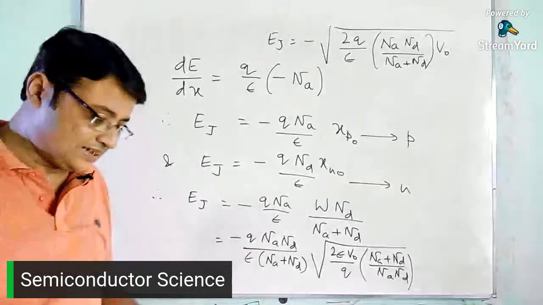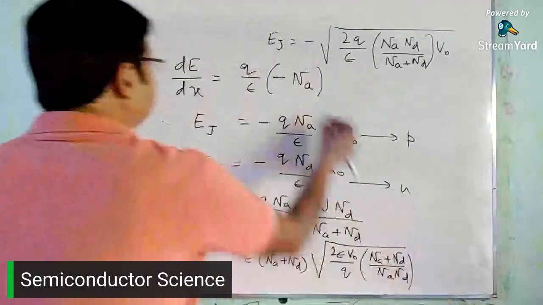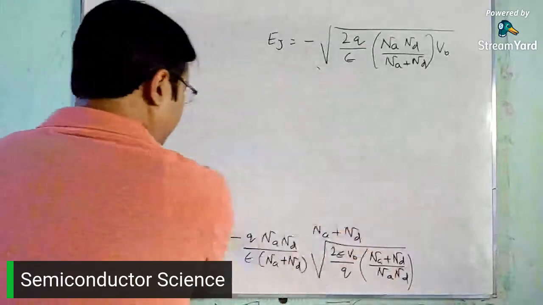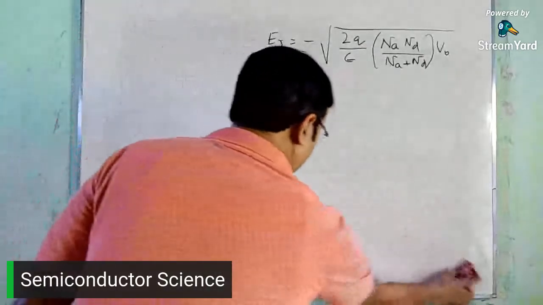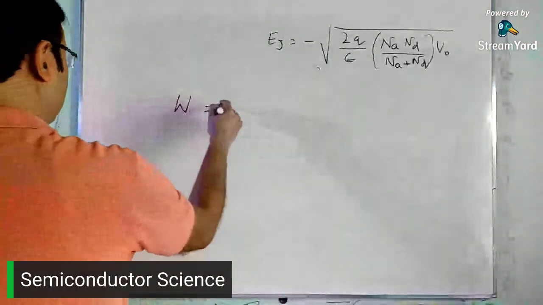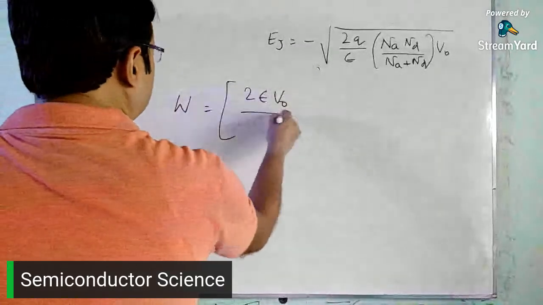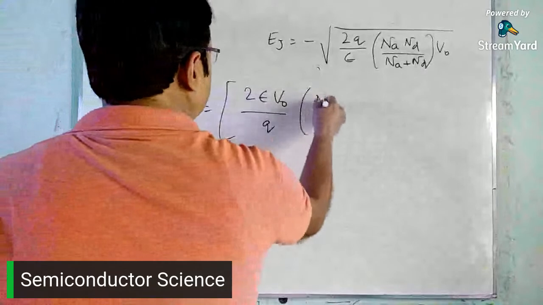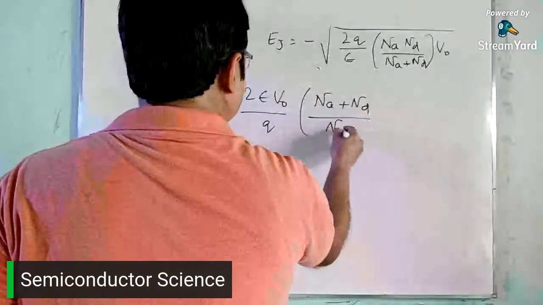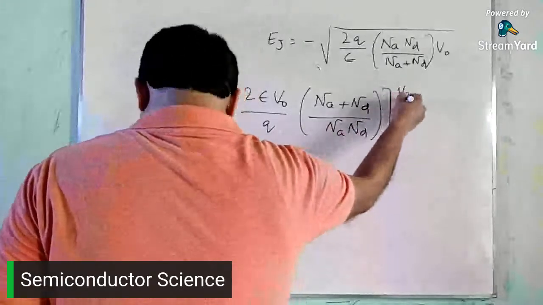So the expression of W, the depletion region width, what we have already deduced earlier today, the value of W was (2 epsilon V0 / q × (Na + Nd)/(Na Nd)) whole to the power half.